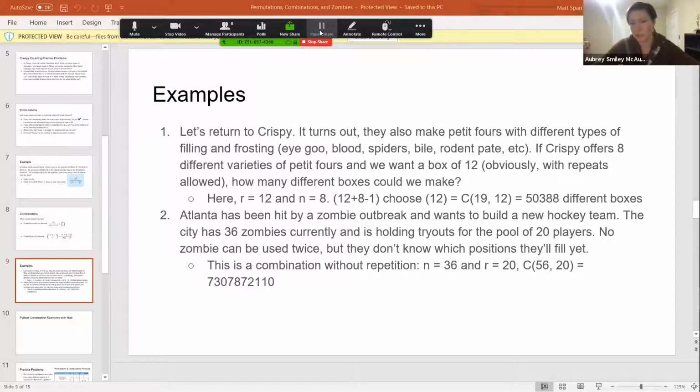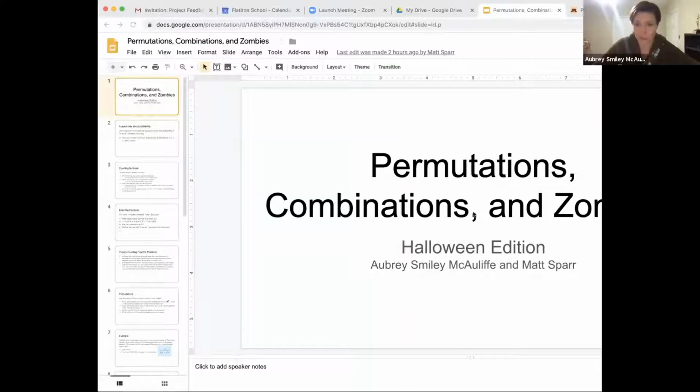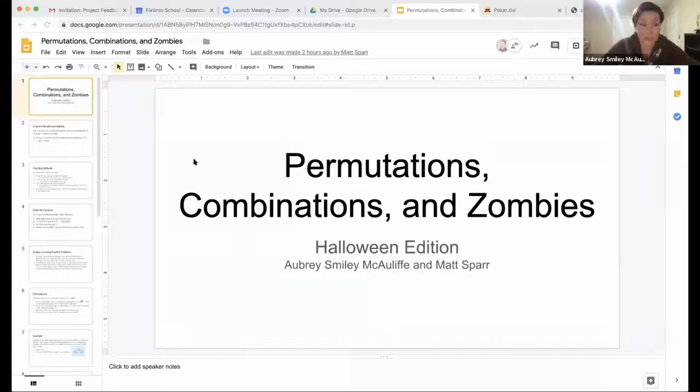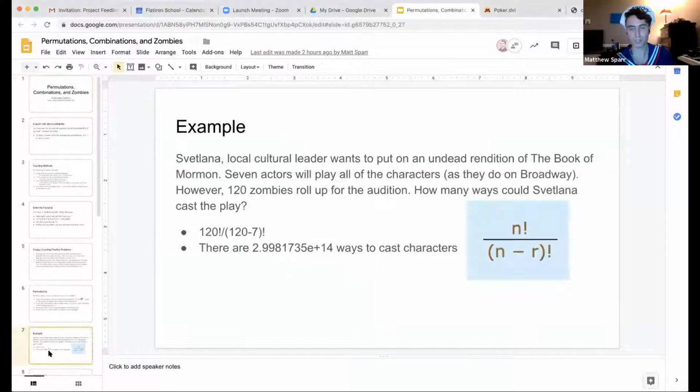Are you pausing share? I did. Oh, there we go. All right, cool. I really hope that's the last time my computer crashes. It's a work supply laptop, you guys. It made the scary sound again. Oh no.